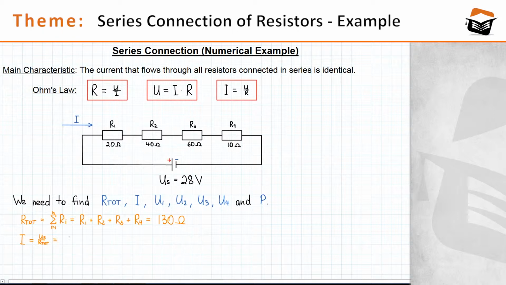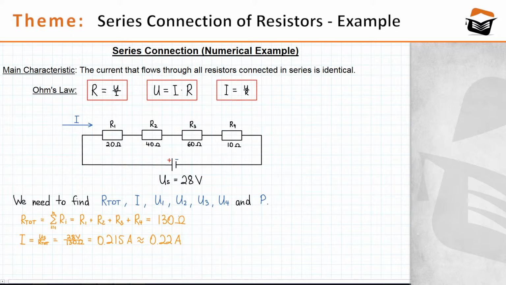And we have 28 volts divided by 130 ohms, and that is equal to 0.21215 amps or ampere, and we're gonna round it up to 2 decimal places. That is 0.22 amps. We have rounded this up because that will make it easier to perform the upcoming calculations.